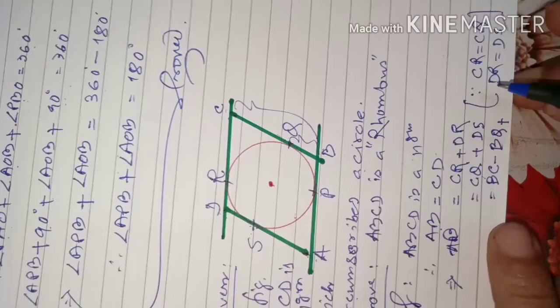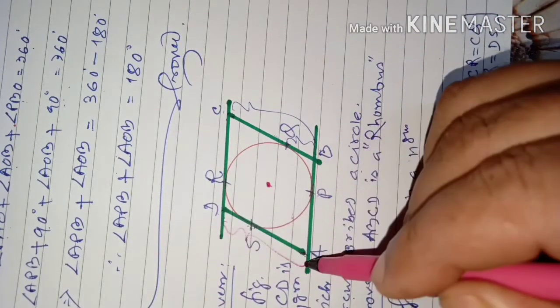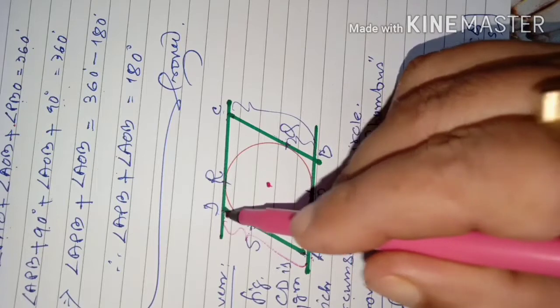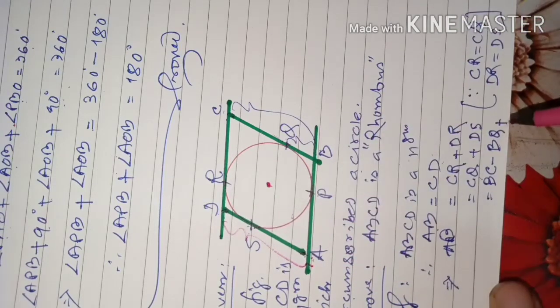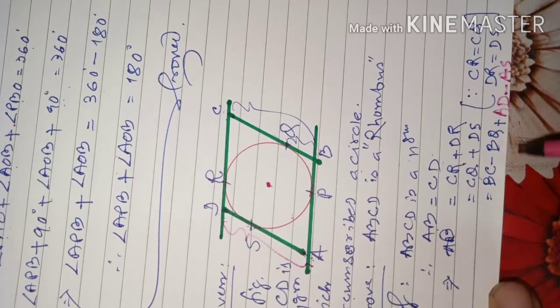DS also can be substituted. You see, DS is a part of AD. AD minus AS. You can write here AD minus AS. This is BC minus BQ plus DS, which we have substituted by writing AD minus AS.